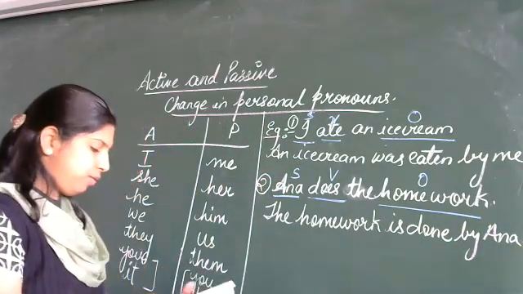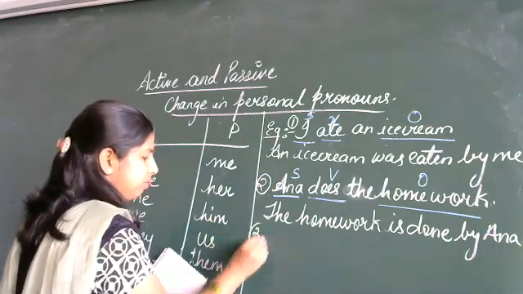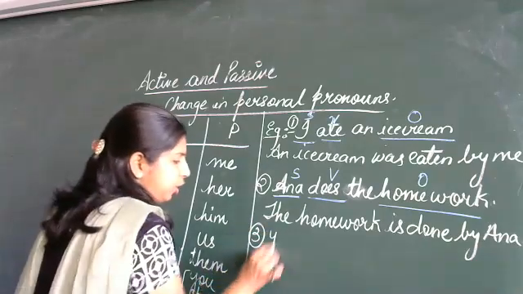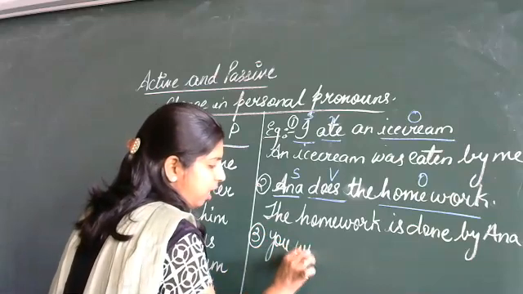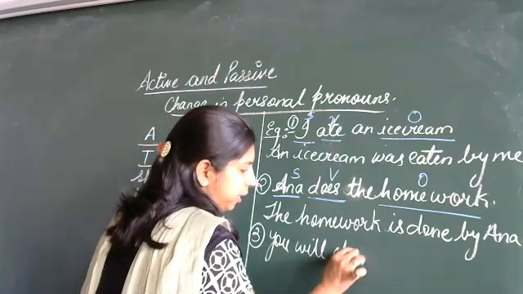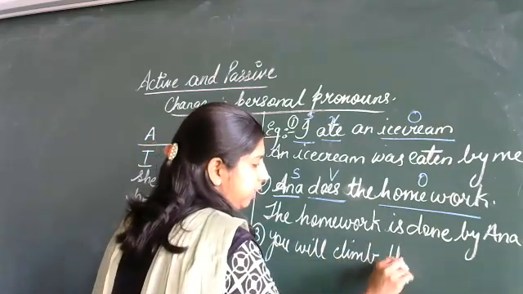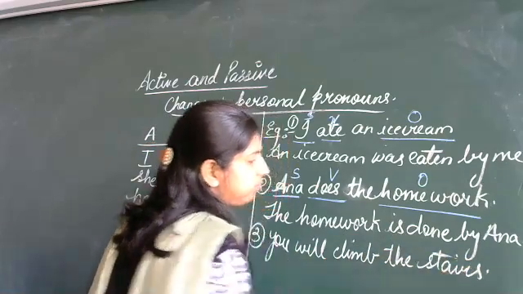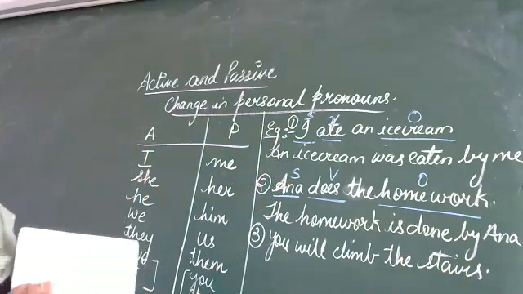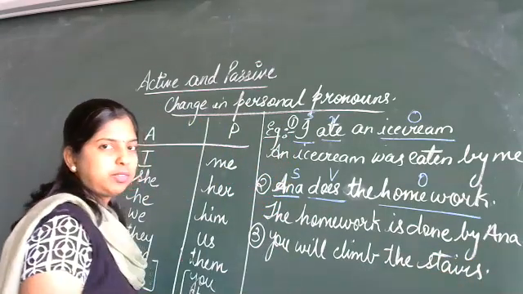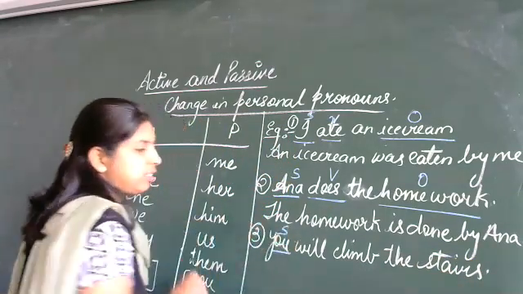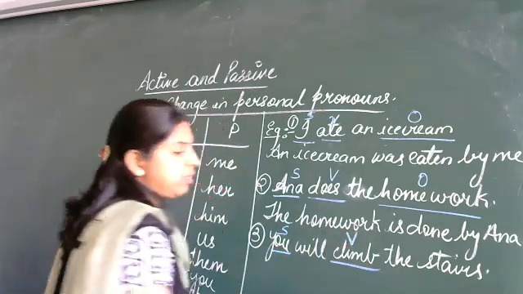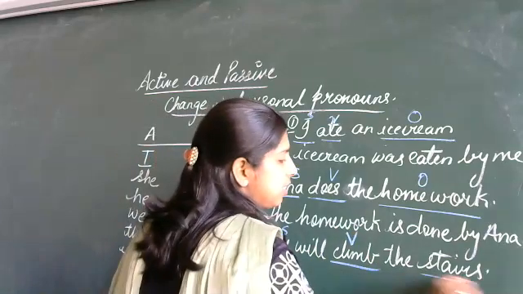The next I'll give you one more. You will climb the stairs. Where is the subject here? You. You is the subject. Will climb is a verb and stairs is object.